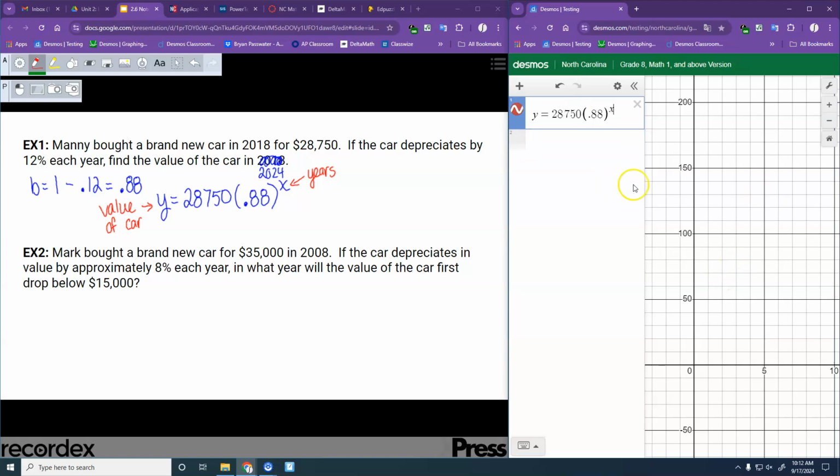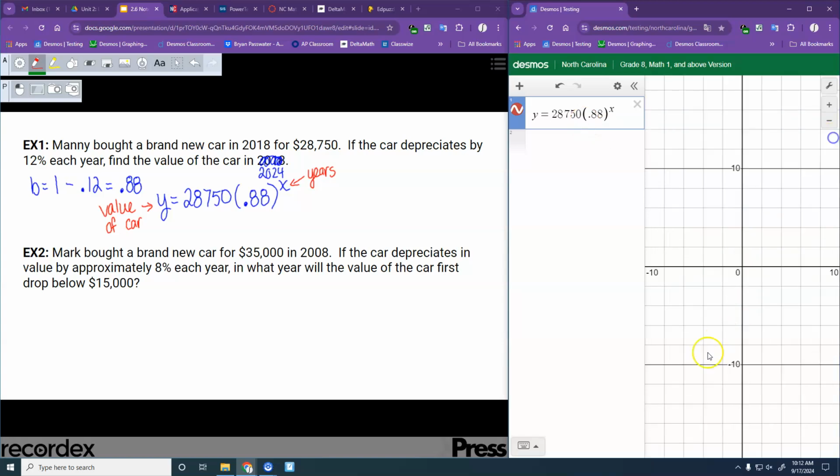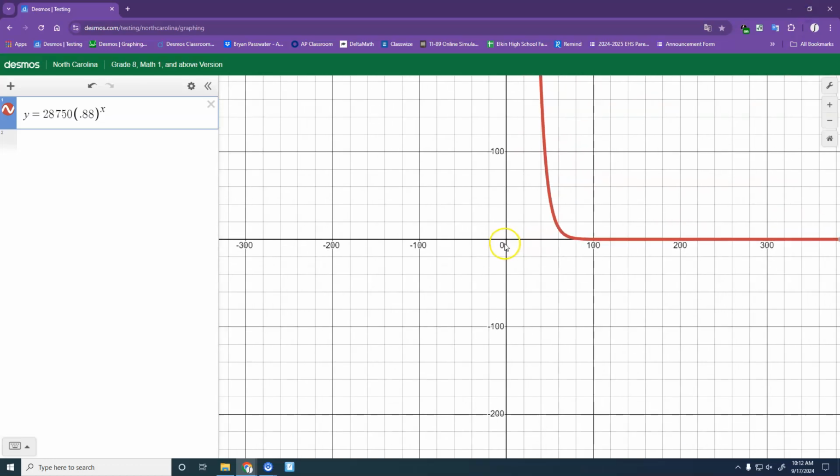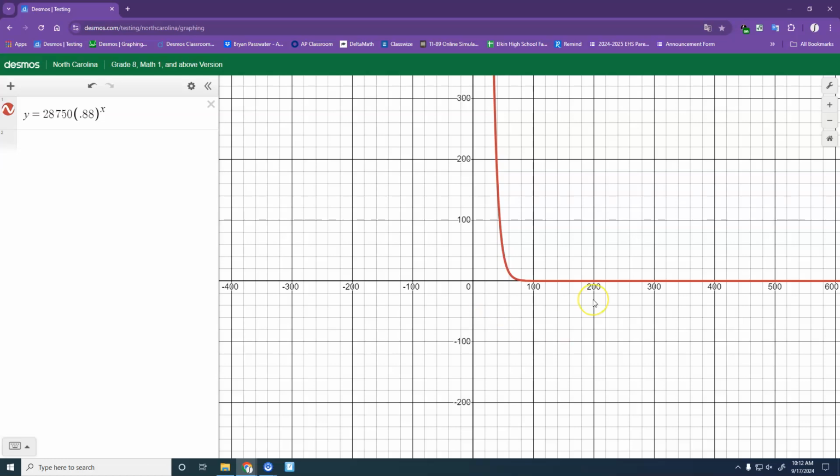Okay, so I'm going to graph this first. Now, some of you are already plugging that 6 in, and that is how you get the answer. You're right about that. But I want to think about this so you can picture it. Now, if I try to graph it, I got nothing, especially if I've hit the home button, right? And if I zoom out, I can see the graph now. Is this the part of the graph that I want to see? Because X is years.